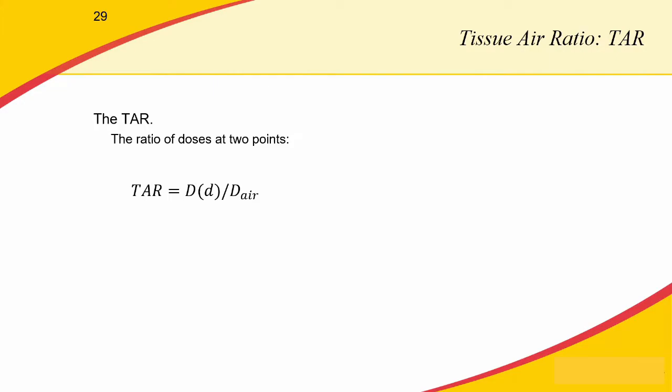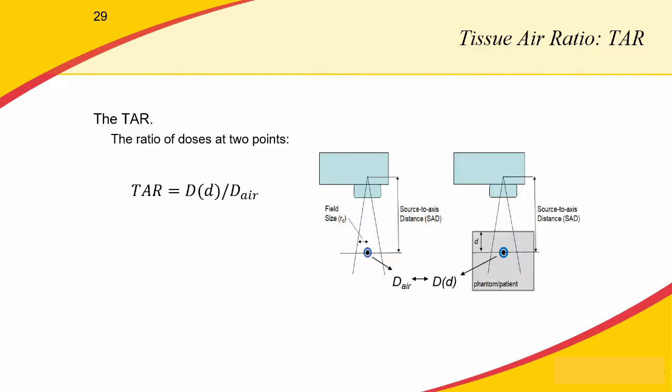So for the TAR, what we're doing is we set up and we make a measurement of dose in air at a given SAD or a given distance from the source. We then put the ion chamber, put our detector inside of a phantom, and we measure the dose delivered at a given depth in the phantom. But keep in mind, we're exactly the same distance from the source in both setups, in air or in the phantom.